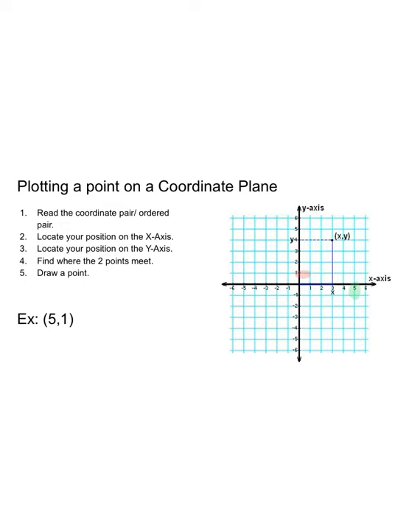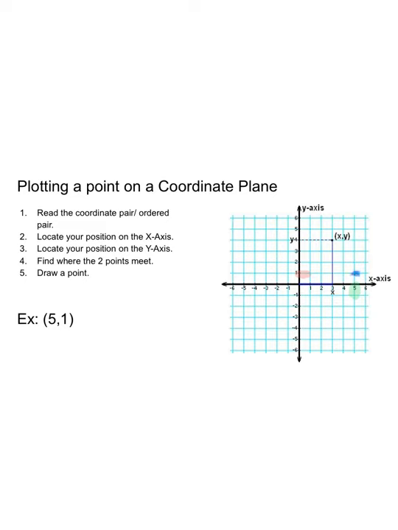Now what I would do is I would actually run my fingers, one starting at the y-axis, one starting at the x-axis. I would run them together until I found my spot. So I'd run this one up and this finger to the side, and I'd see where they meet. And where they meet, it's right here. Kind of hard to get it on there just perfect.